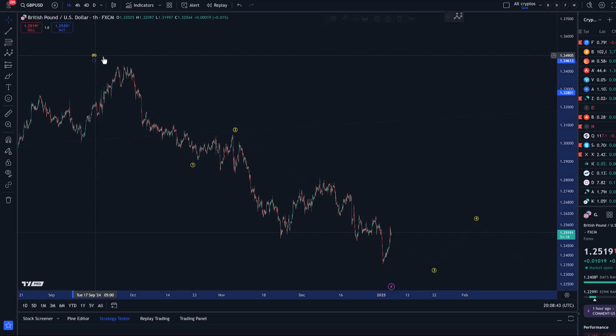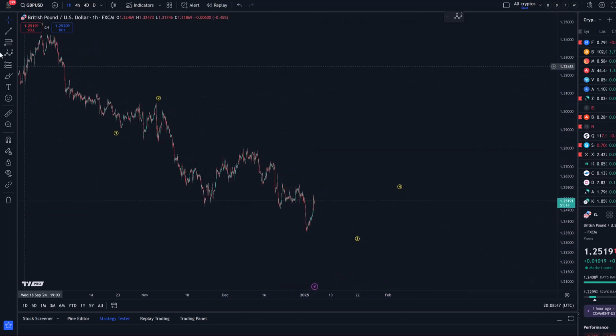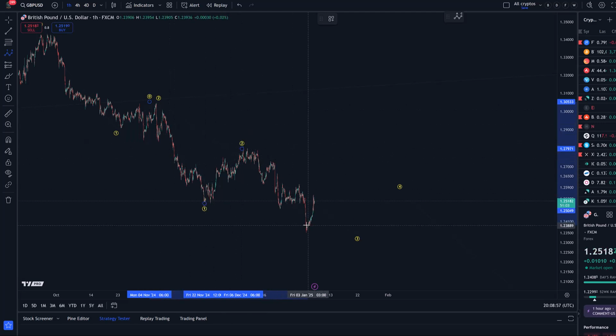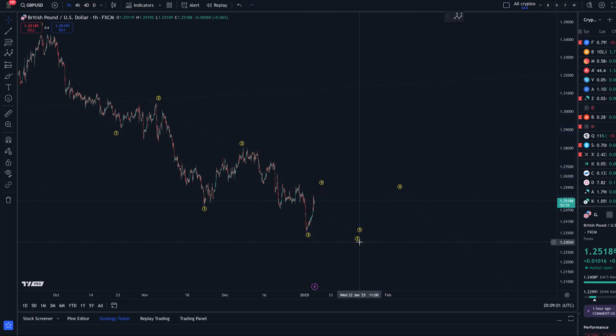Yeah, so this would be a 1, 2. And then we can say we have here another 1, 2, smaller time frame. This could be like a 3, 4, 5.